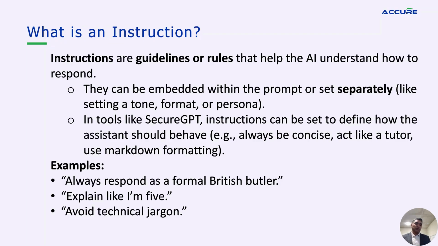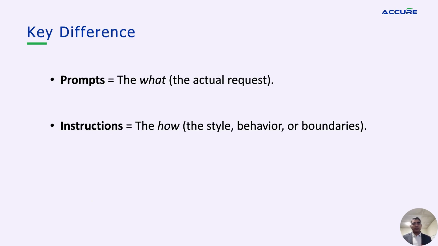Instructions are typically used to instruct AI how to format or generate the output. So the difference between prompt and instructions is that a prompt tells AI what to do, and instructions tell the AI how to display the answer or how the answer should look. So prompts are about what, instructions are about how.